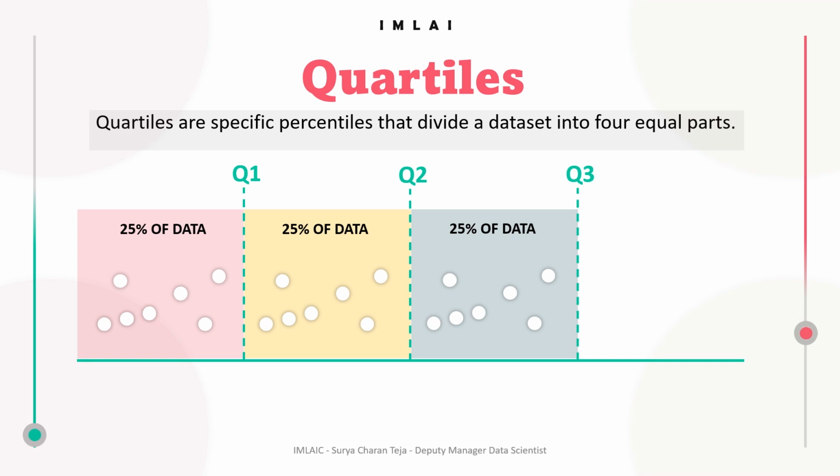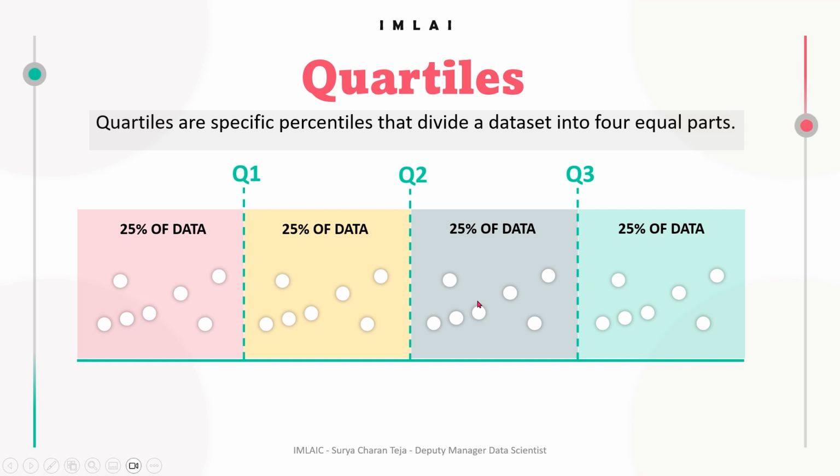So quartiles are commonly used to describe the spread and distribution of data in a data set. And then this is the final one. Out of 100% of data, we make 3 quartiles.